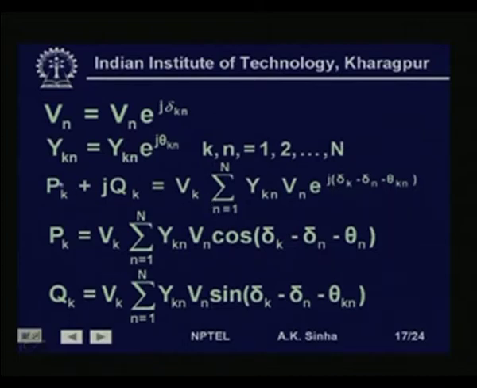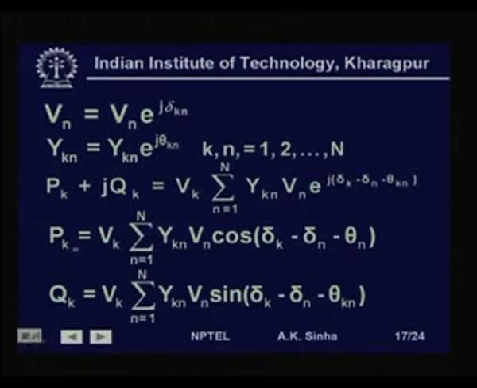So this is what we get, and if we now separate out the real and reactive parts from this equation, then we can write Pk equal to Vk summation n equal to 1 to capital N of Ykn Vn cos of (delta k minus delta n minus theta kn).